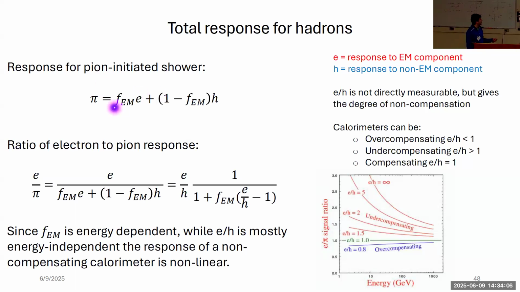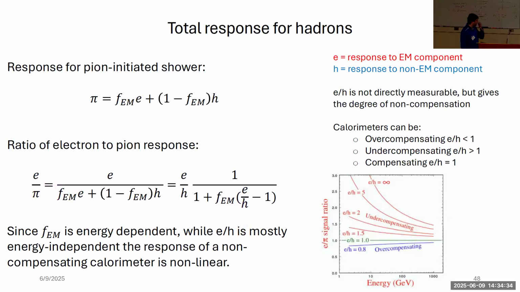So the ratio of the response of a hadronic calorimeter to an electron compared to a pion will be proportional to this E over H ratio times this thing here. So if your EM fraction changes with energy, and E over H is not equal to 1, then this ratio will change with energy.